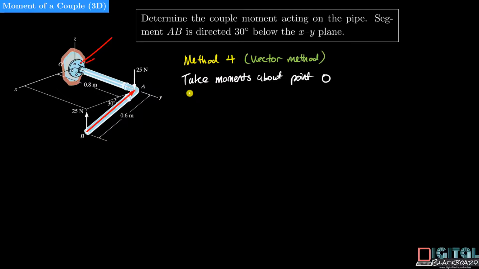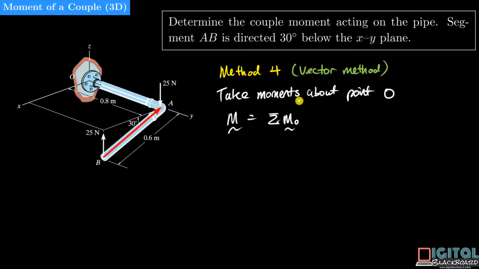So in this case, we take moments about point O, once again the summation of moments about point O. We have two position vectors shown by this yellow vector here, ROB, which is the vector pointing from O to B, and ROA pointing from O to A.